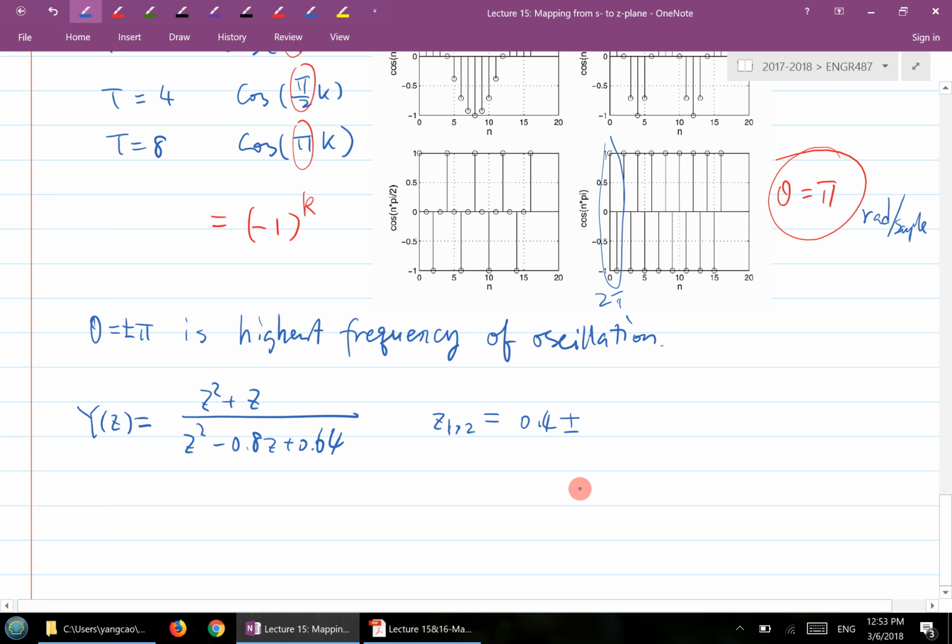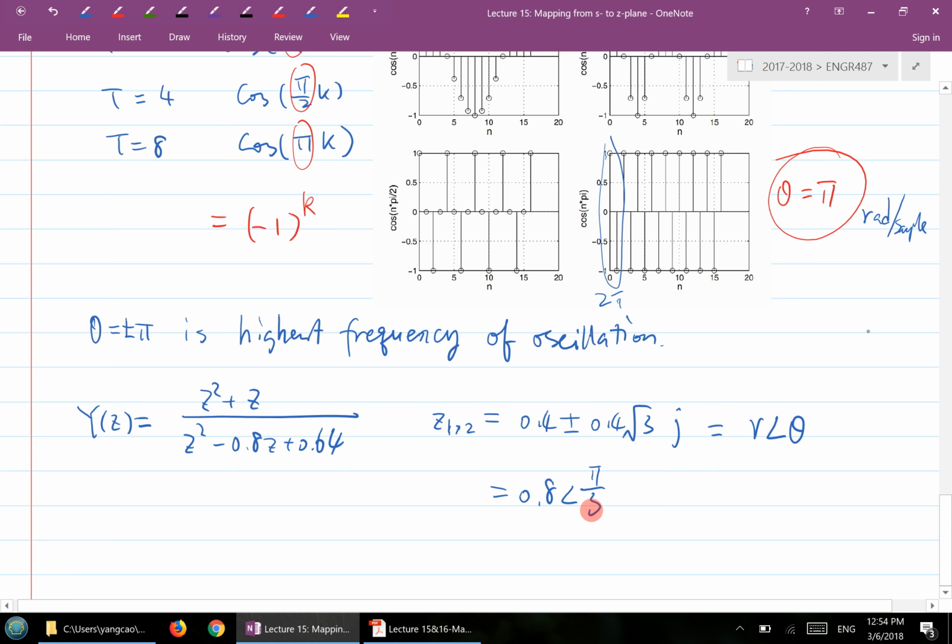We find that the roots are a pair of conjugate poles, and you can always write them in this format, r angle theta. For this particular case, r angle theta gives you 0.8 and pi over 3.